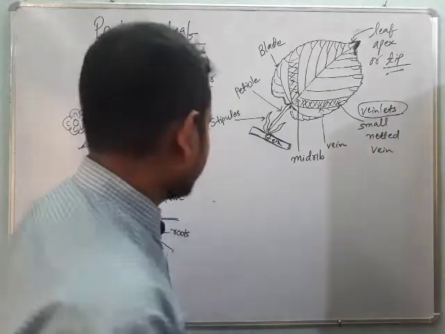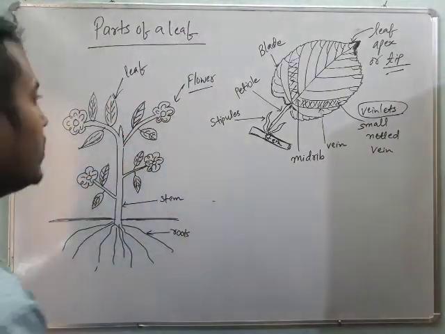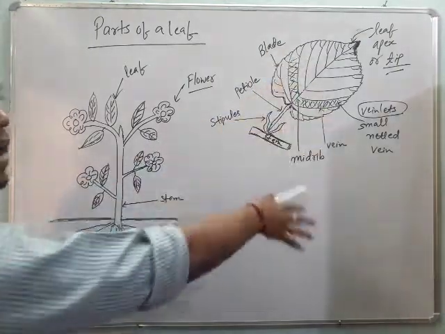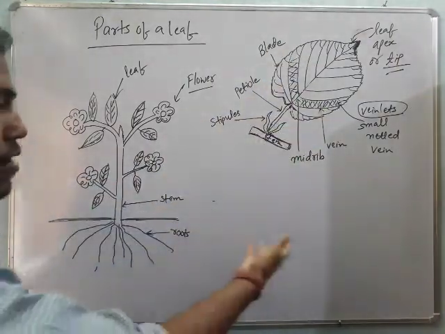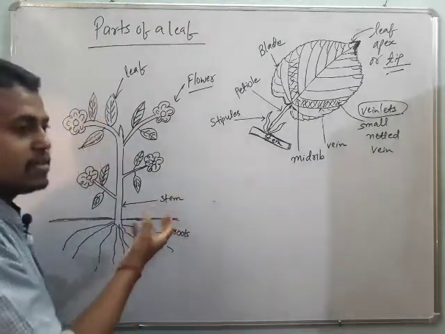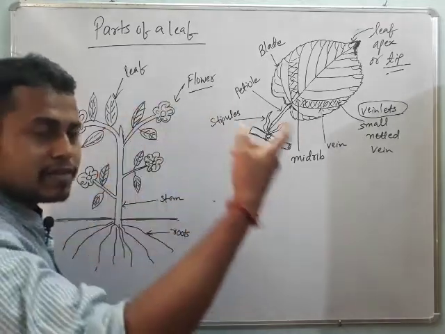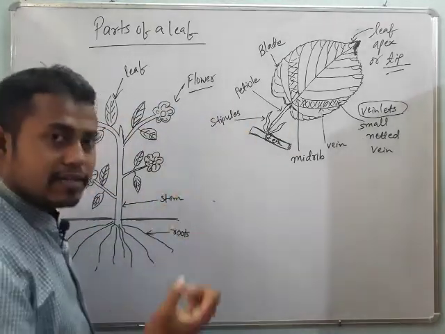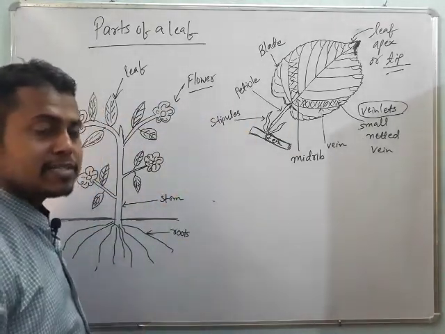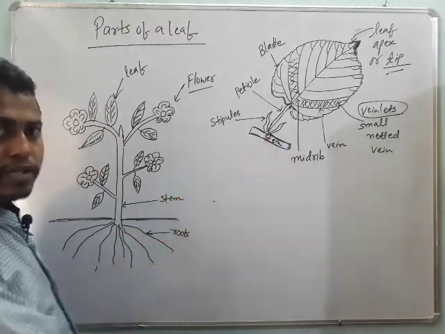Listen, now you come back to this plant. Parts of the leaf I have explained to you. Now the thing is how plants receive carbon dioxide and after that release oxygen to all the human beings.